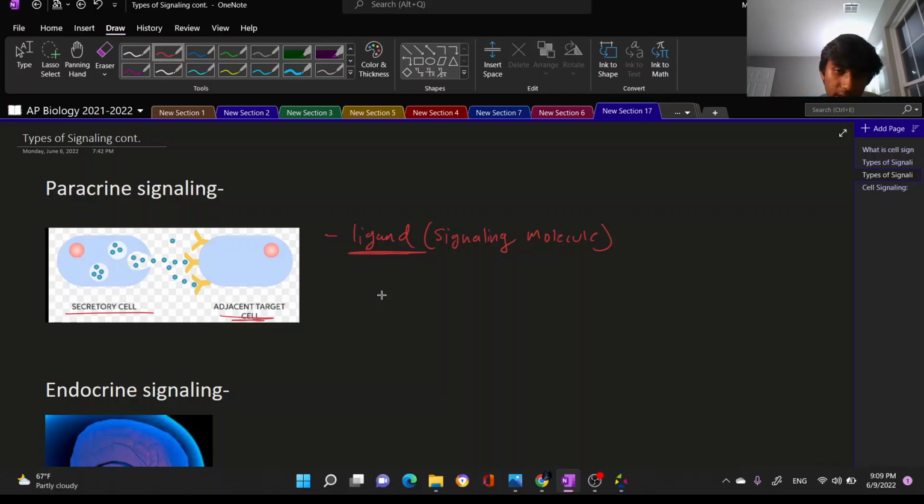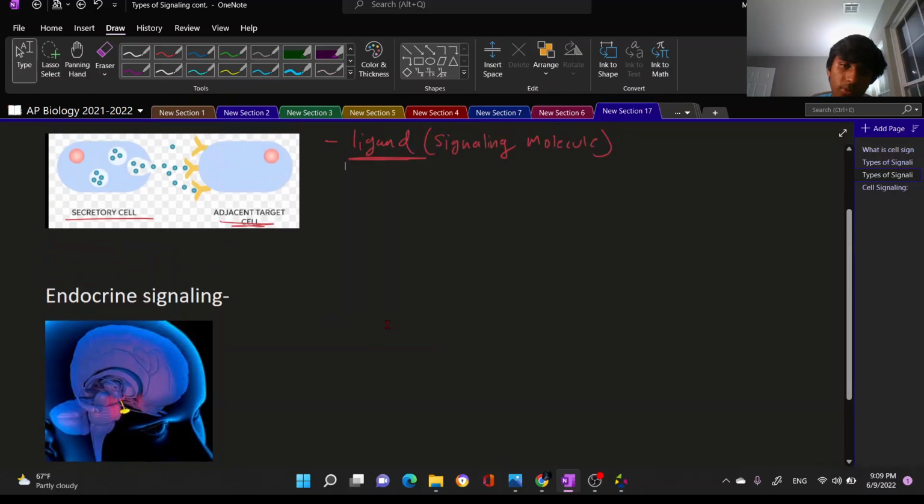It needs to be a specific receptor binding to a specific ligand. That's why there's a specific target cell and a secreting cell sending specific information to particular cells in its area. So that's paracrine signaling, which is very close distance, but it involves a ligand.